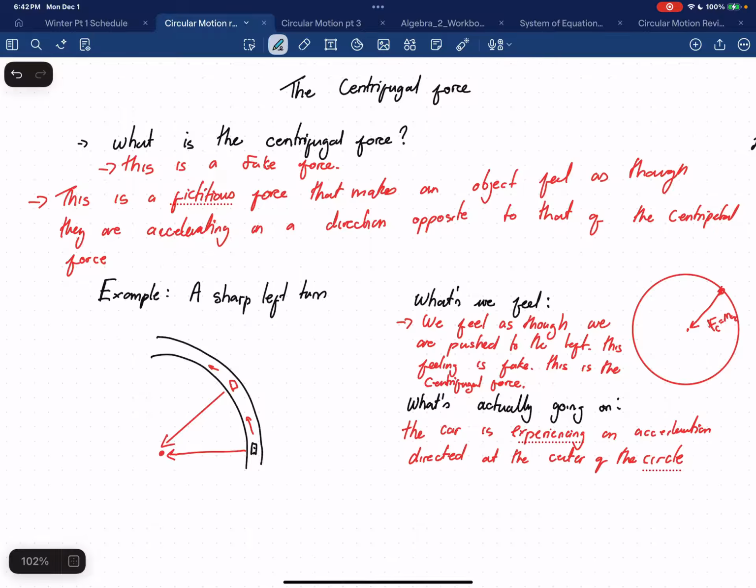So why do we feel the centrifugal force then?